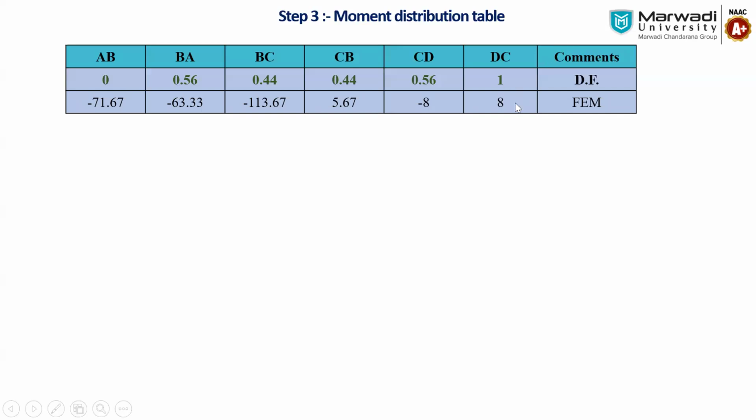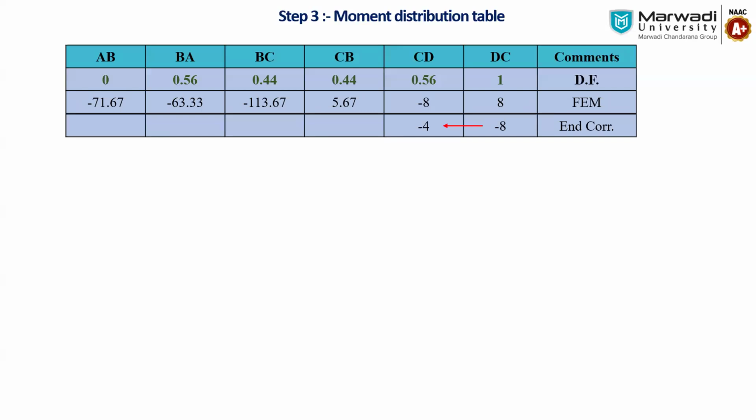Here, in the first balancing of joint D, we have the moment 8, multiplied by 1, so it is 8, and here we have to write the minus sign as it is the opposite sign, so it is minus 8. Half the moment will be carried over to the far end, that is minus 4, which is called the end correction or balancing of the end support.